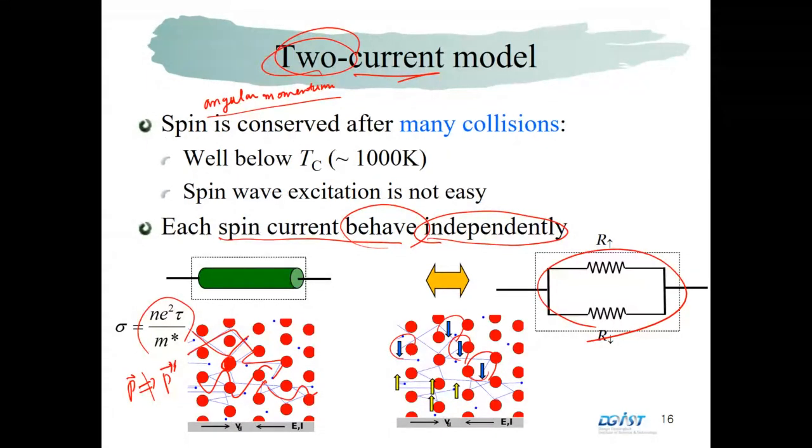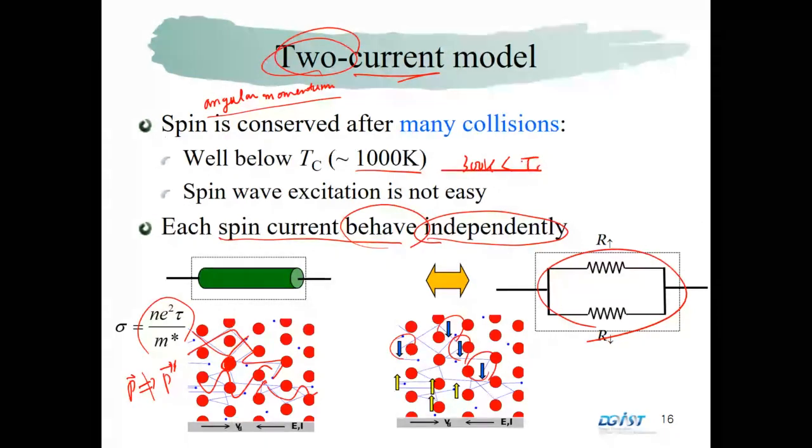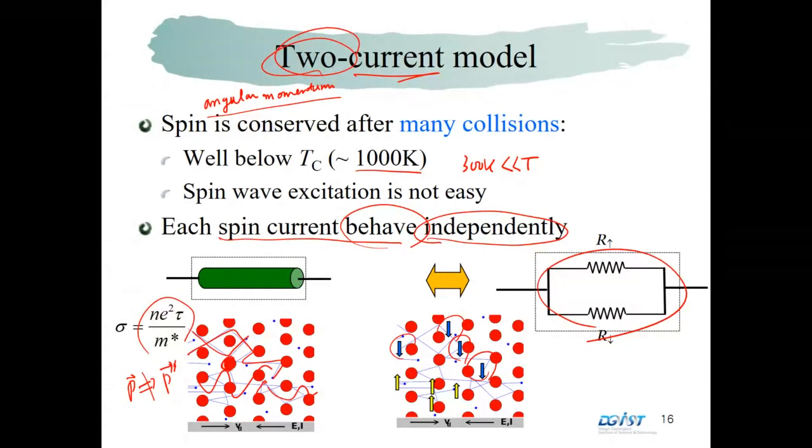Questions. Yes. If we are working at room temperature, the typical Curie temperature of ferromagnetic material is on the order of 1,000 Kelvin. So room temperature is smaller than TC, and all the magnetization directions are almost parallel. But near TC, there are many misaligned spins because of thermal motion, so many spin excitations can be generated.